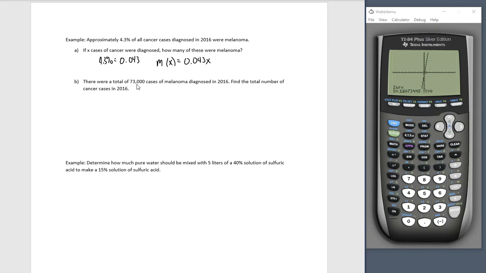We know there were a total of 73,000 cases of melanoma diagnosed in 2016. We want to find the total number of cancer cases in 2016. Again, that's a fancy way of saying solve for x. So 73,000 becomes our m value. The number of melanoma cancers were only 4.3% of overall cancers. Let's divide on both sides.